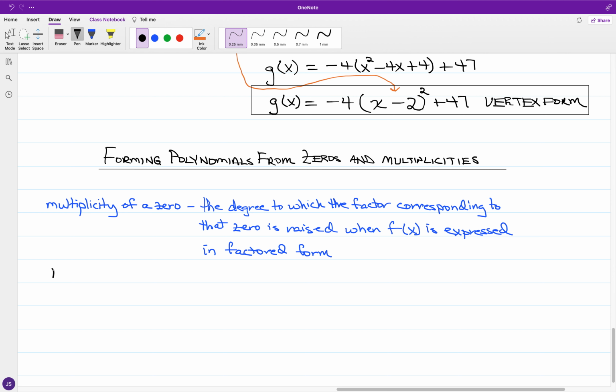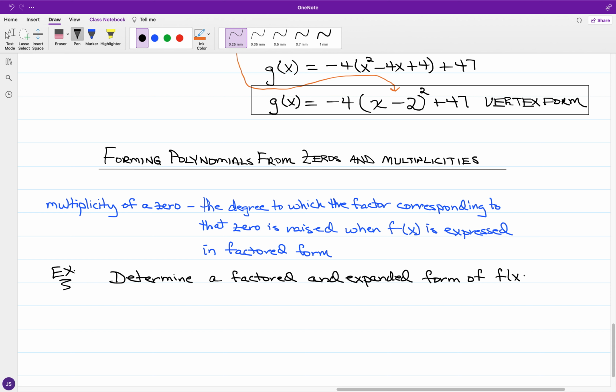Okay, and just to provide a bit of an intro to this, say I were to be determining a factored and expanded form of f of x, and say we are given the following.